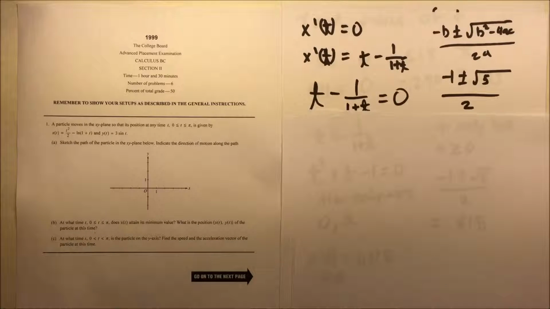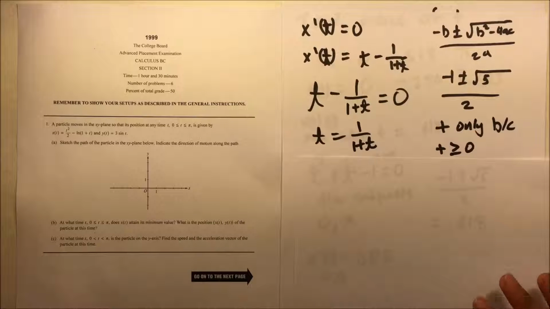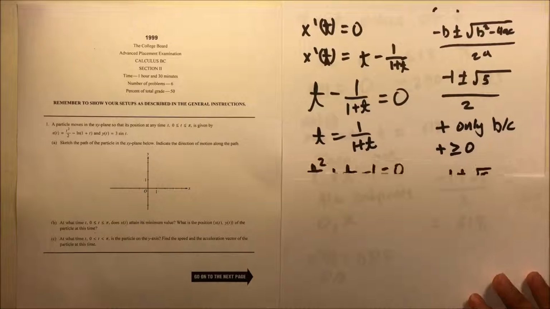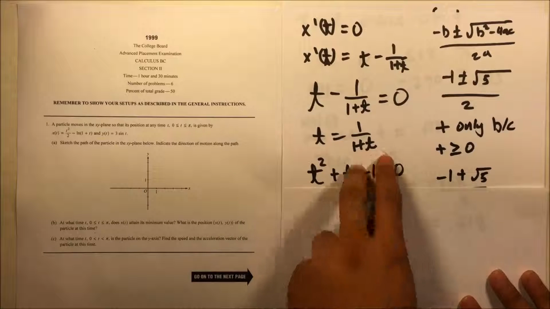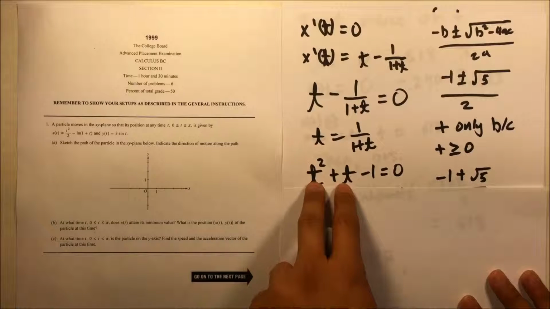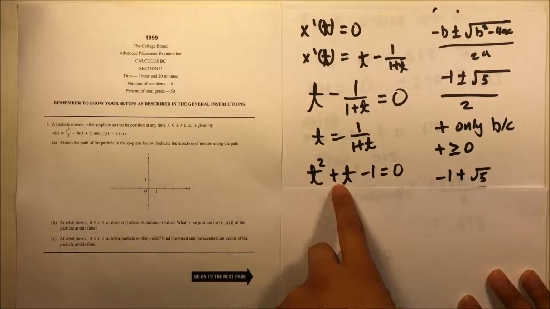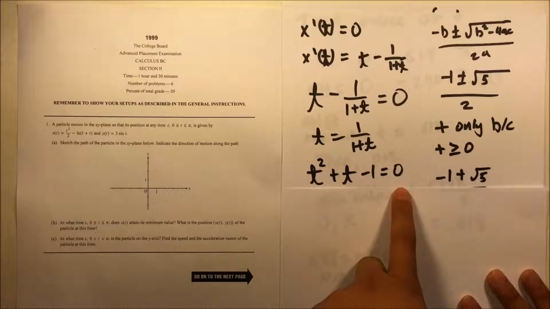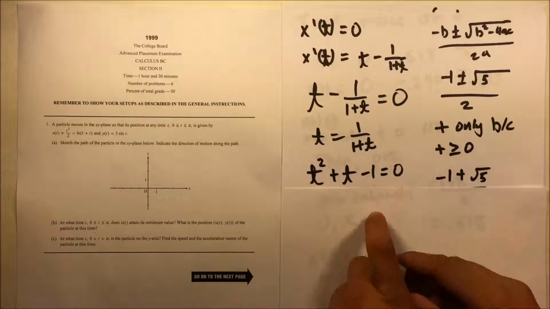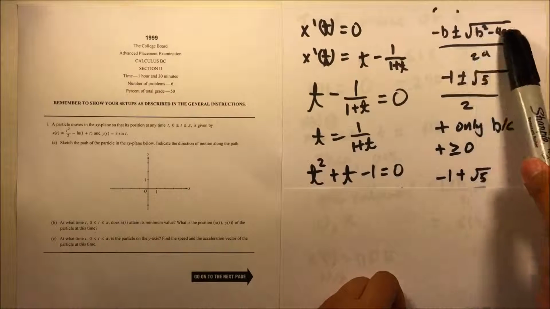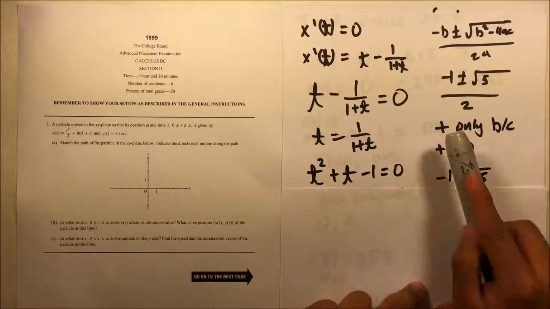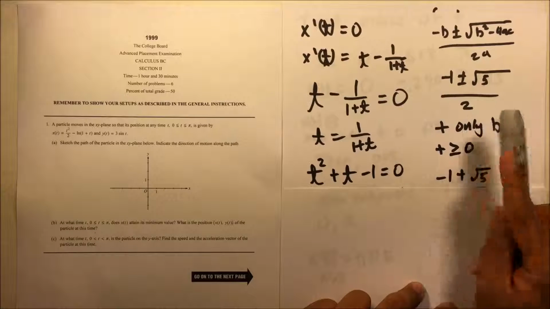We set that equal to 0, move it over to the other side, multiply, distribute, and subtract a 1, and we get t squared plus t minus 1 equals 0. Unfortunately, we could not factor this, so we need the quadratic formula, which is shown here. We plug it in, and we get this.